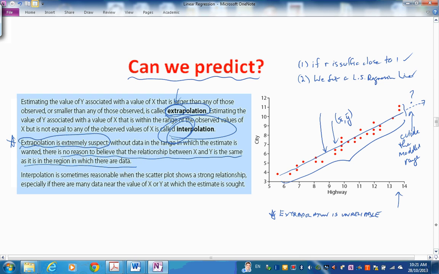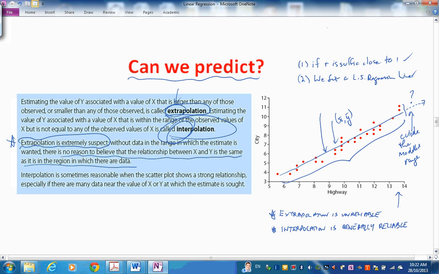So if one is between all those points, we would say interpolation is generally reliable.